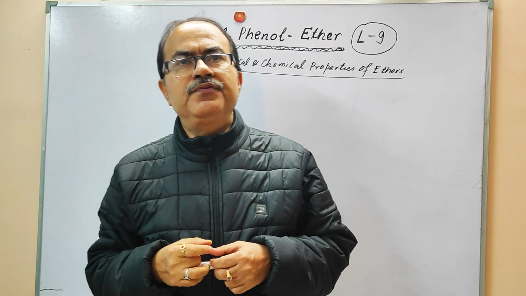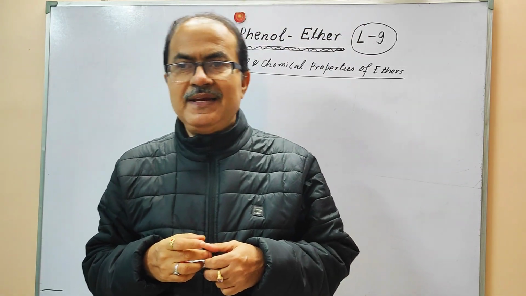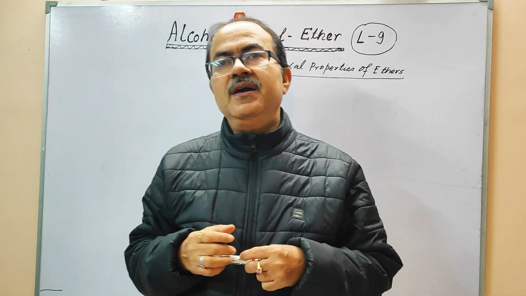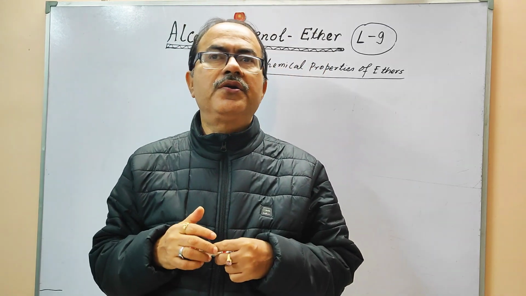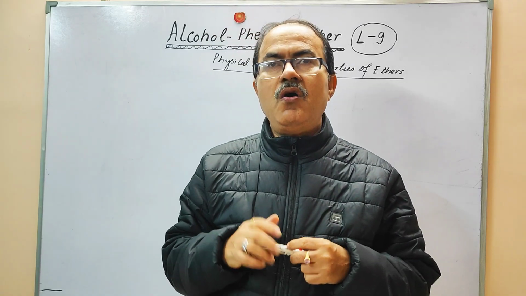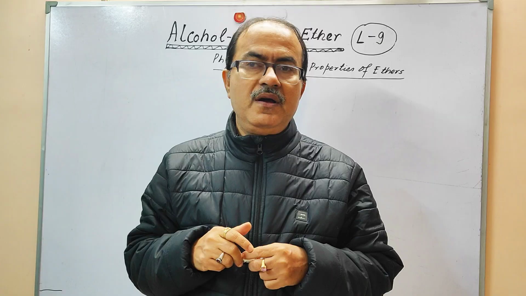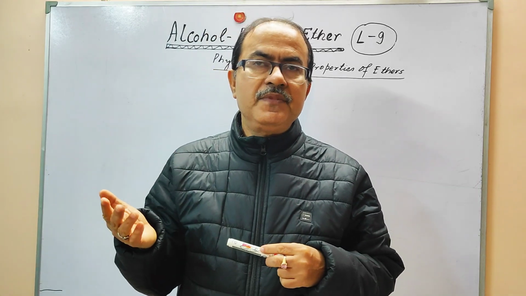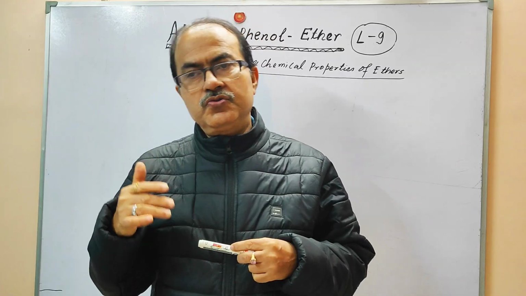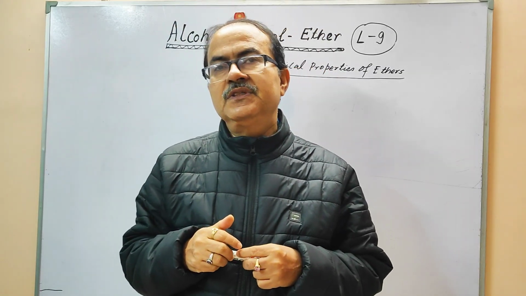When we are talking about the physical properties of ether, what comes to our mind is the physical state. Diethyl ether or ethyl methyl ether are all in gaseous state at room temperature. When the molecular mass of the ether increases, its physical state also changes and it exists as a liquid.